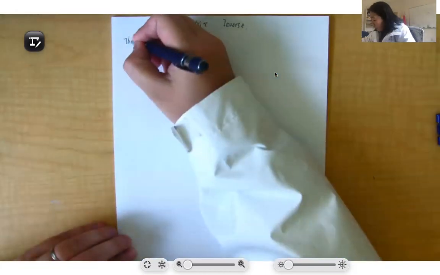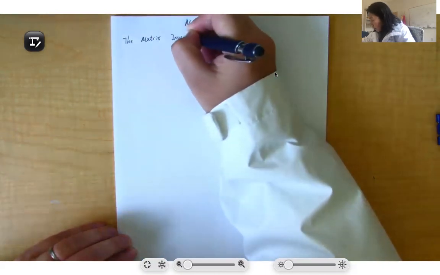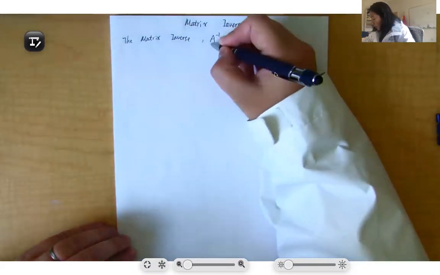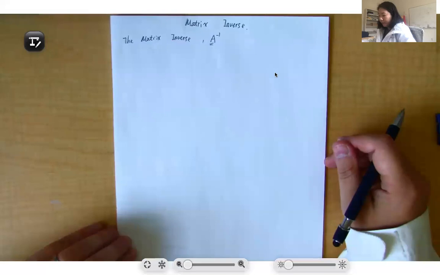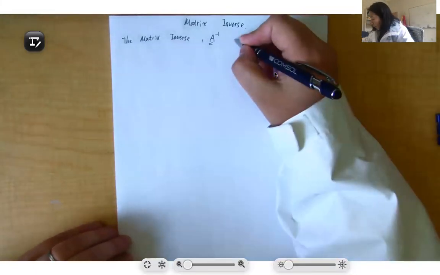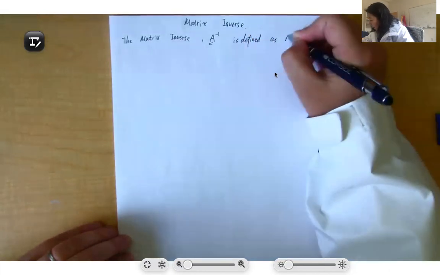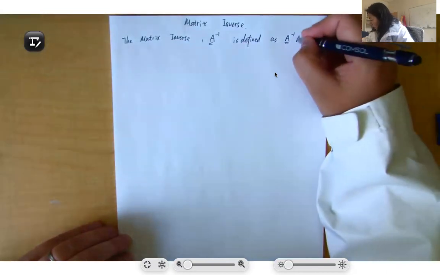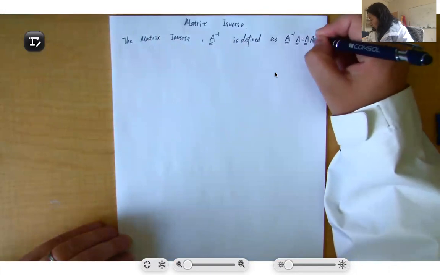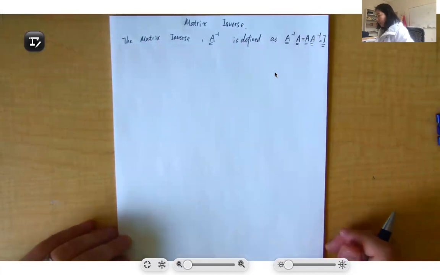The matrix inverse we can write as A to the minus 1. This is defined as A negative 1 A equals A A negative 1 equals the identity matrix.